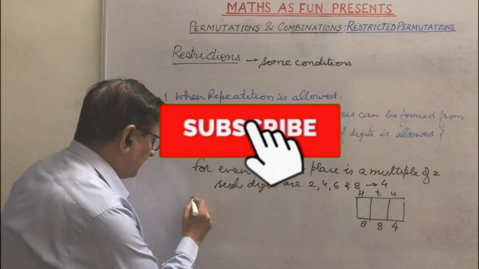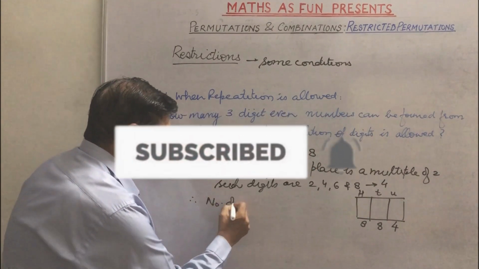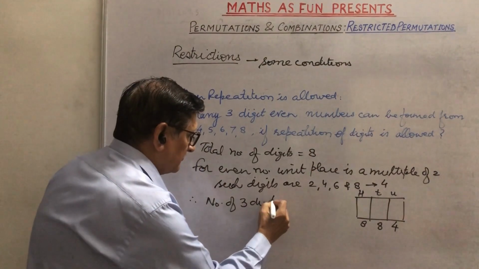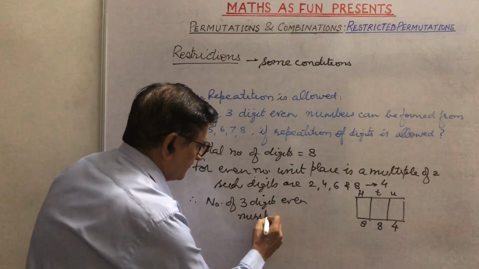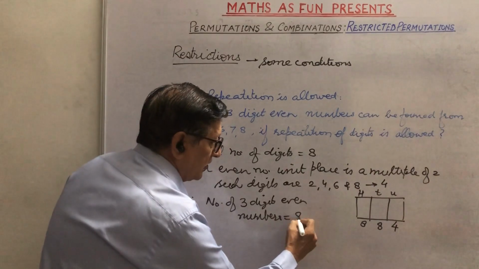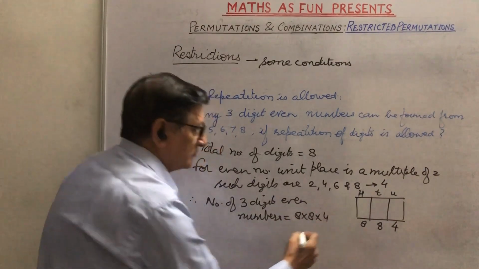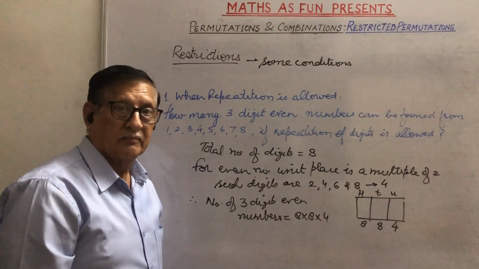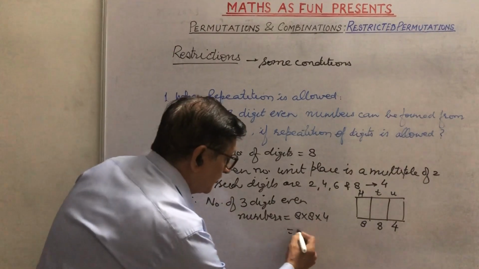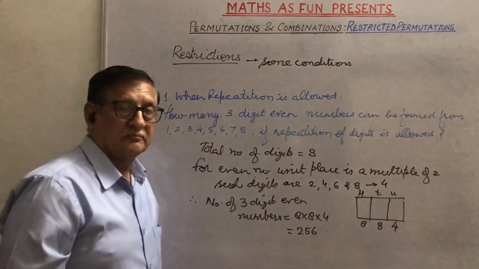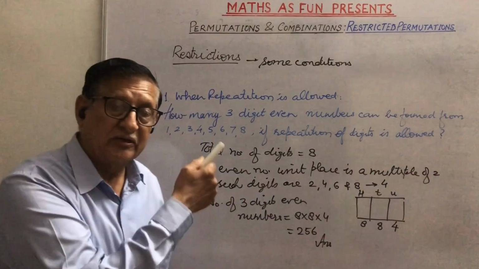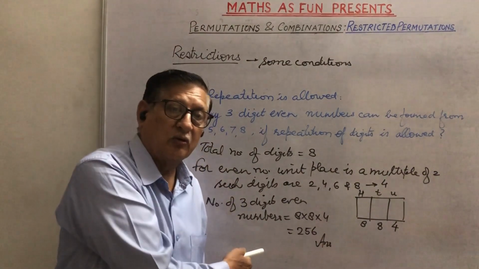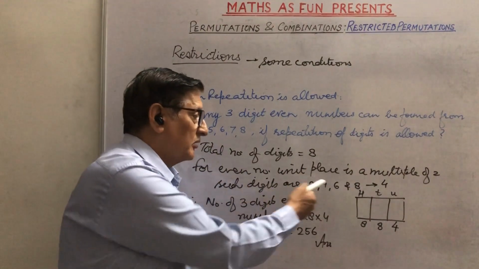So the number of 3-digit even numbers is equal to 8 into 8 into 4, which is equal to 256. And this is the answer to the problem. We have understood how the objects can be placed in case repetition is allowed.